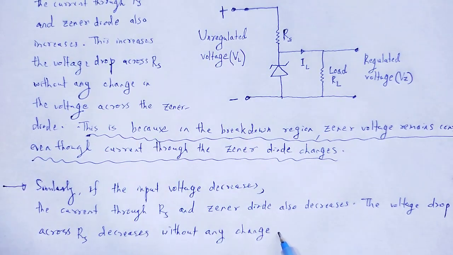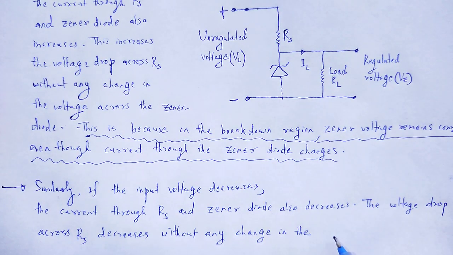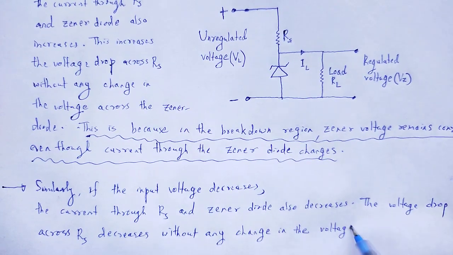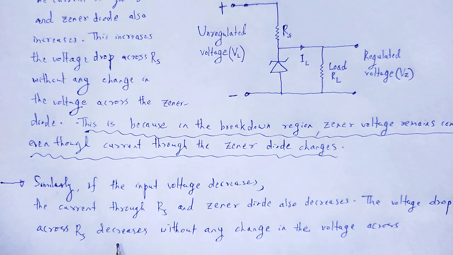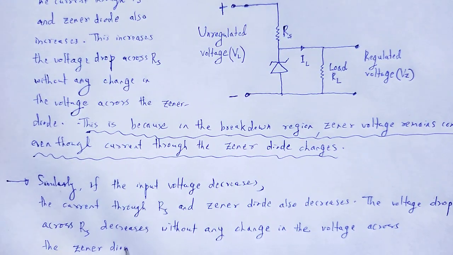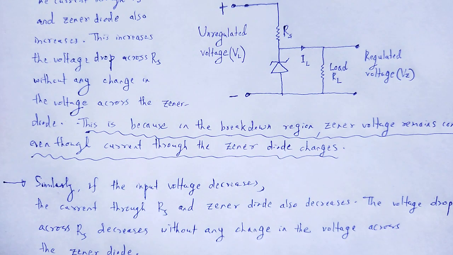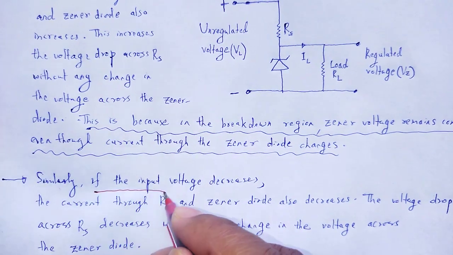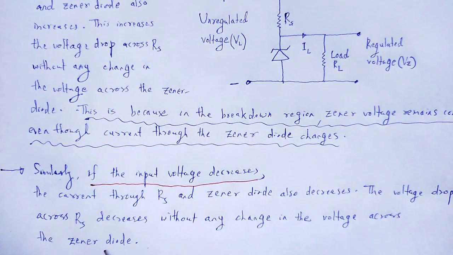Now, if the input voltage decreases, then the current through Rs and the Zener diode also decreases, and the voltage drop across Rs decreases without any change in the voltage across the Zener diode.